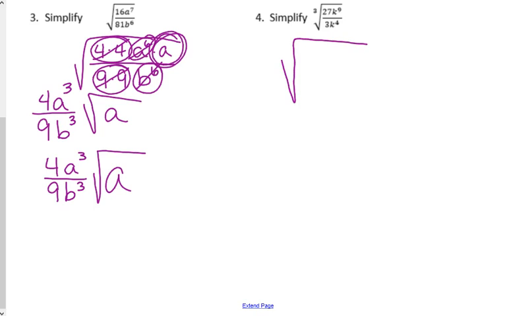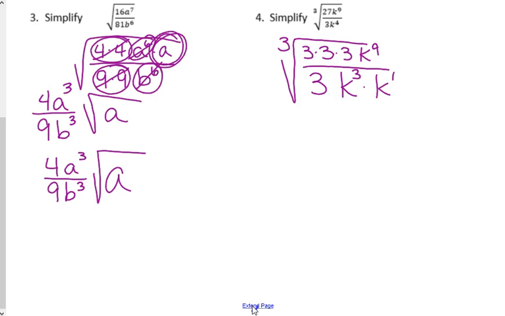We're going to write our radical and our index, so we have the cube root. 27 is 3 times 3 times 3, and k to the 9. 9 is divisible by 3, so I'm going to leave it. And then we have 3k to the 4th. So that gives me 3 on the bottom and a k to the 3 times k to the 1, because 3 plus 1 is 4.